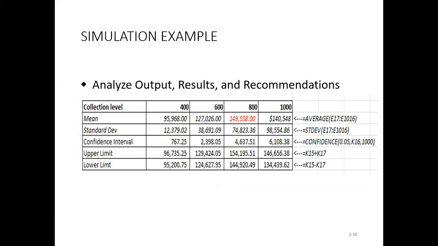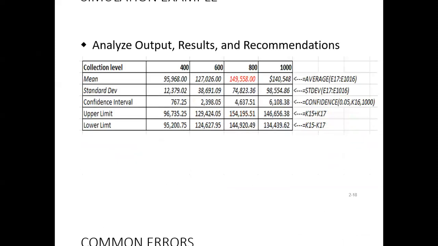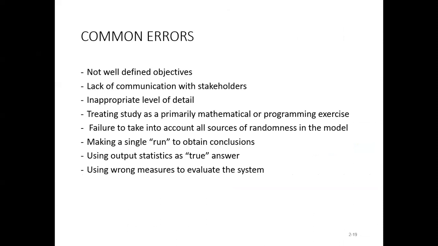But the output needs to be analyzed, as I am reiterating again and again. That is an important step, because of the common errors. Sometimes we don't have well-defined objectives, because we don't communicate with the stakeholder and we don't know their exact expectations. Sometimes we don't detail.